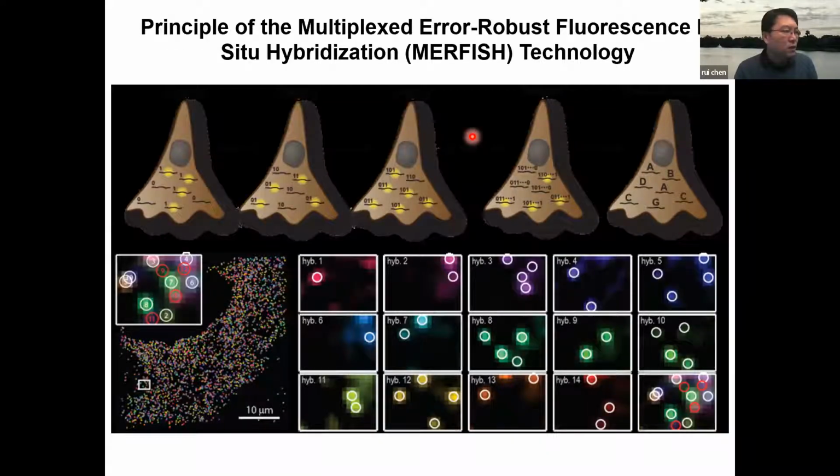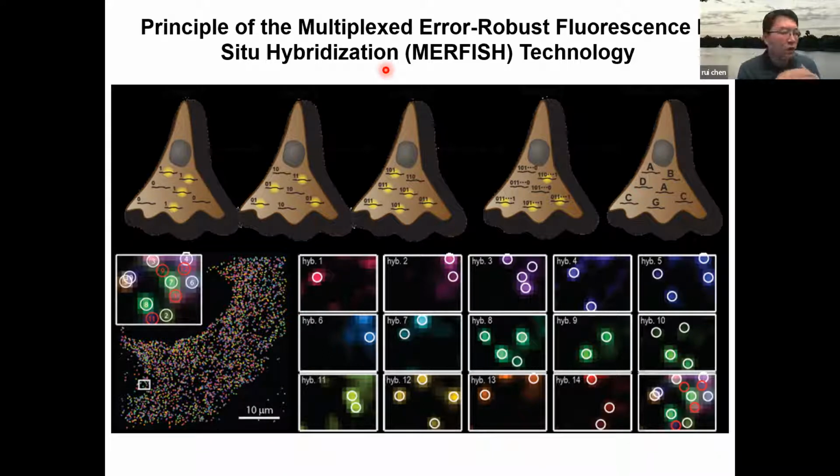So just a quick introduction of the MERFISH technology. MERFISH stands for multiplexed error-robust fluorescence in situ hybridization. For a set of genes you're interested in, you design about 30 to 50 probes tiling the transcript. Each probe from the same transcript has the same barcode, a 4-bit barcode on those probes.